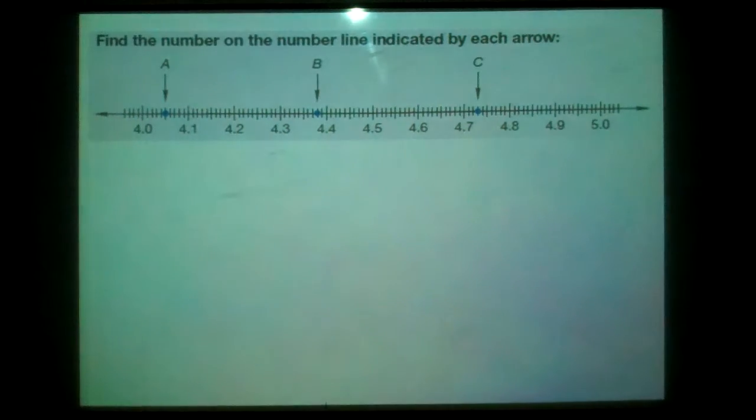So we want to look at A first, but what we really want to notice is, okay, what kind of numbers are we working with here? Looks like between this big line and this big line, we're going up a tenth. And we don't have a unit, which is okay, but I do know that we're going up by tenths here. 4.0, 4.1, 4.2, 4.3. So we aren't going up by whole numbers here.